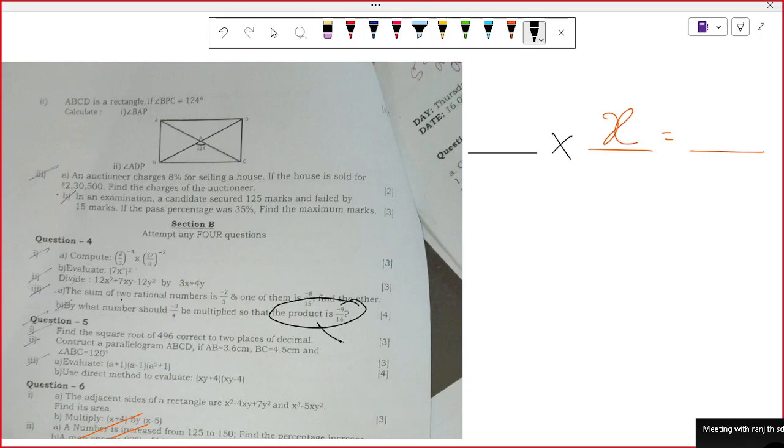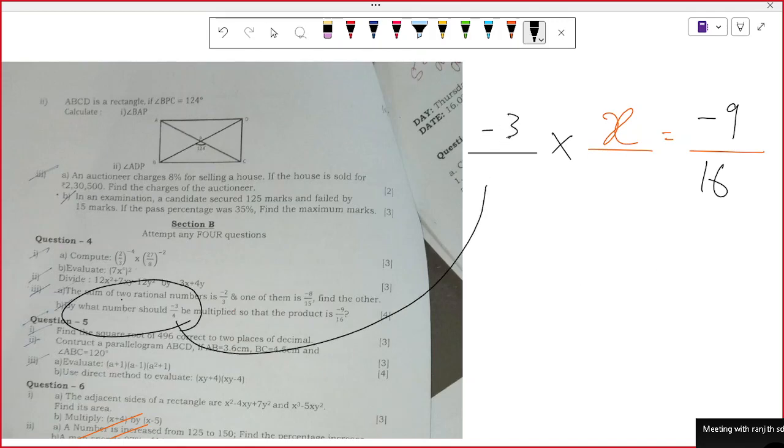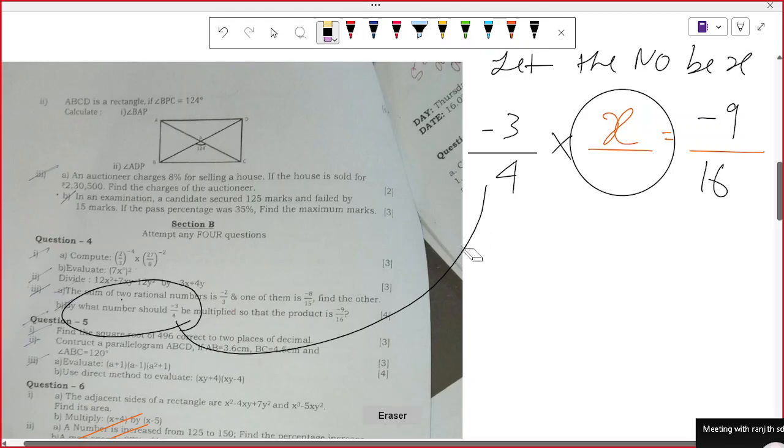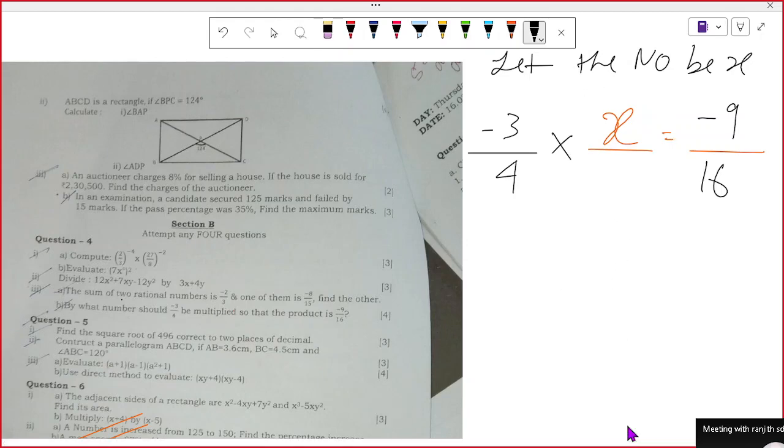Product is the final answer. Product is minus 9 by 16. That number we have taken as x. By what number? Let the number be x. Okay, try this question.